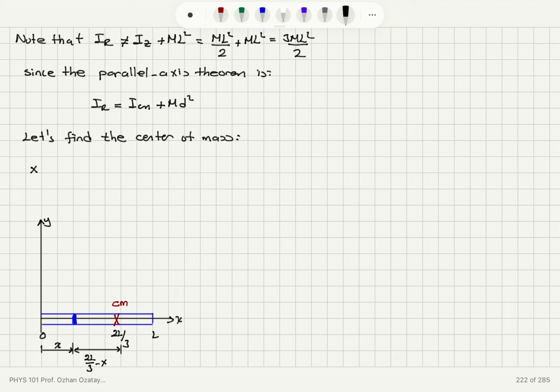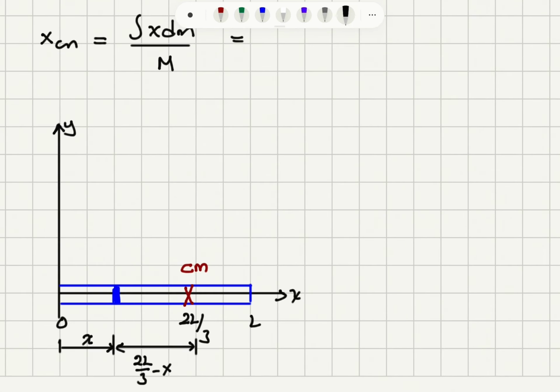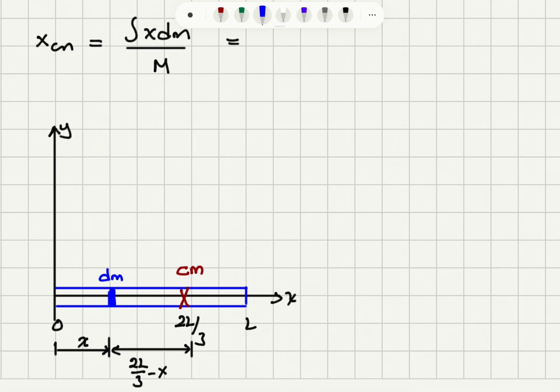So x center of mass, the location of the center of mass, is the integral of x dm divided by the total mass capital M. So if I'm at a distance x here, I have a mass dm. So each one will have a contribution x dm.